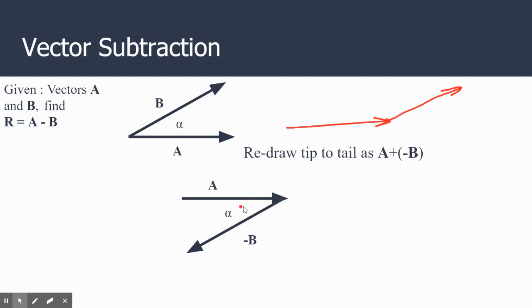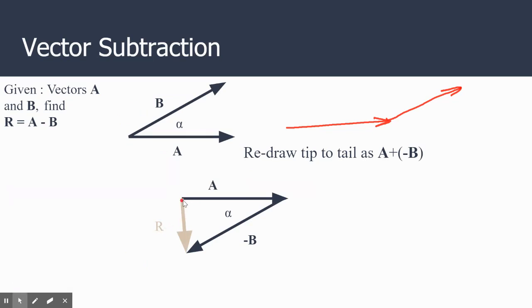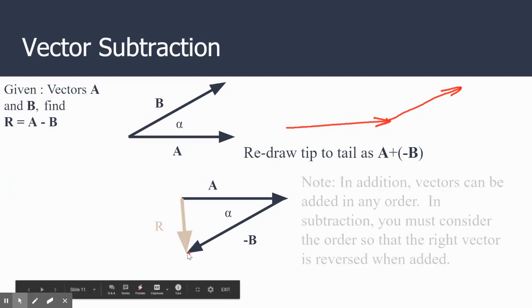That's negative B. So here we're saying A plus negative B. Up here, where my pointer's at, that's A plus B. This is A plus negative B. And in which case, B is going the opposite direction, but it has the same magnitude. Or this arrow here that's representing this vector is the same length as the original. And our resultant is going to be from the tail of the beginning vector to the tip of the ending vector.